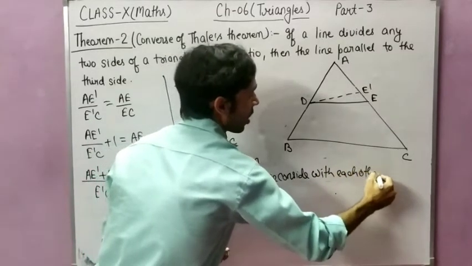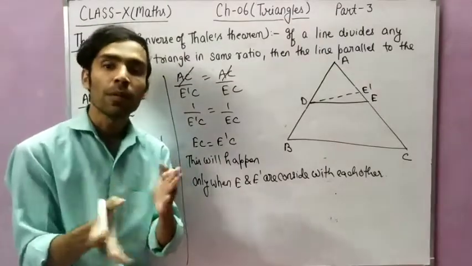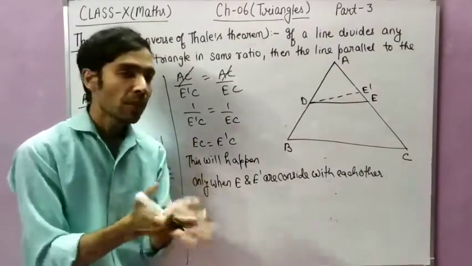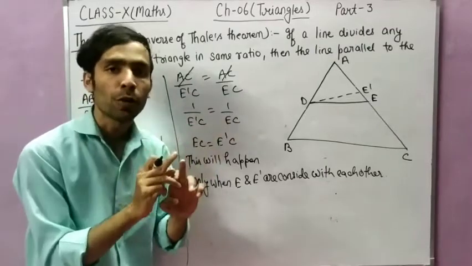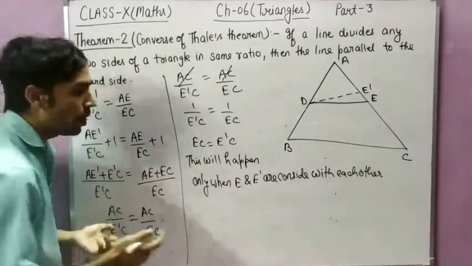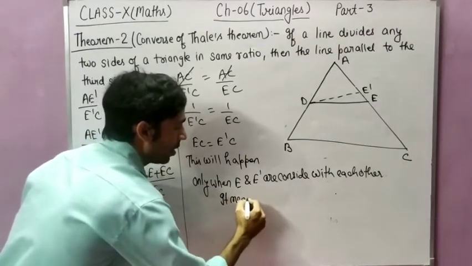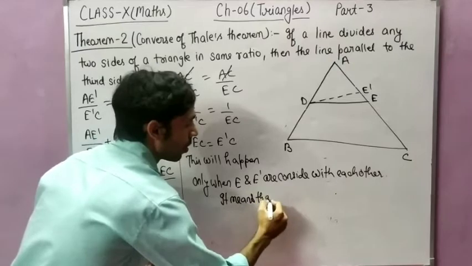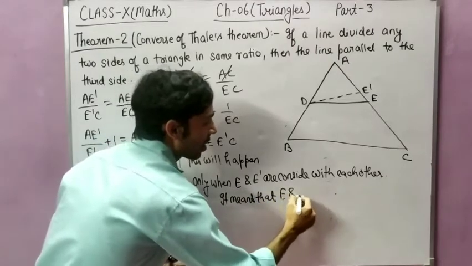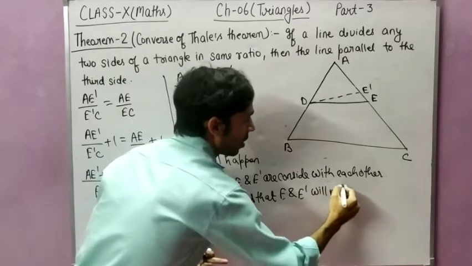Coincide with each other. So coincide with each other means E and E dash will come one by one, मीन्स एक के ऊपर एक आएंगे, दोनों एक ही पॉइंट होंगे. मीन्स E and E dash are not different points. It means that E and E dash will not be different points.